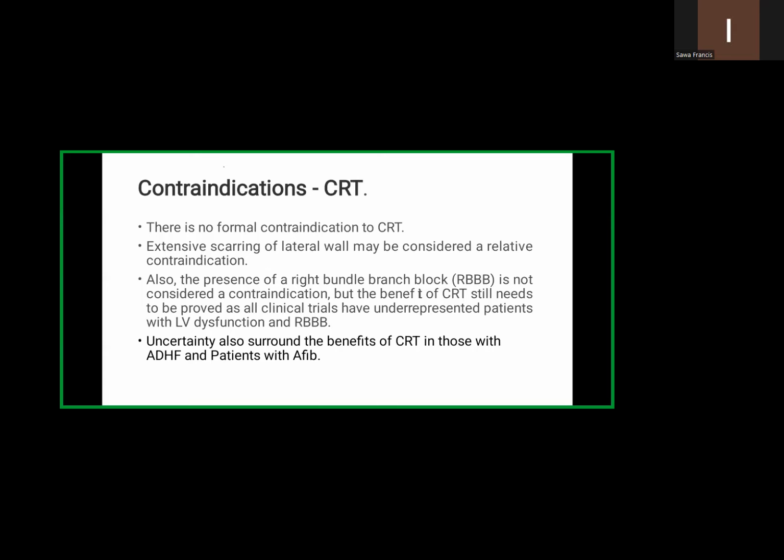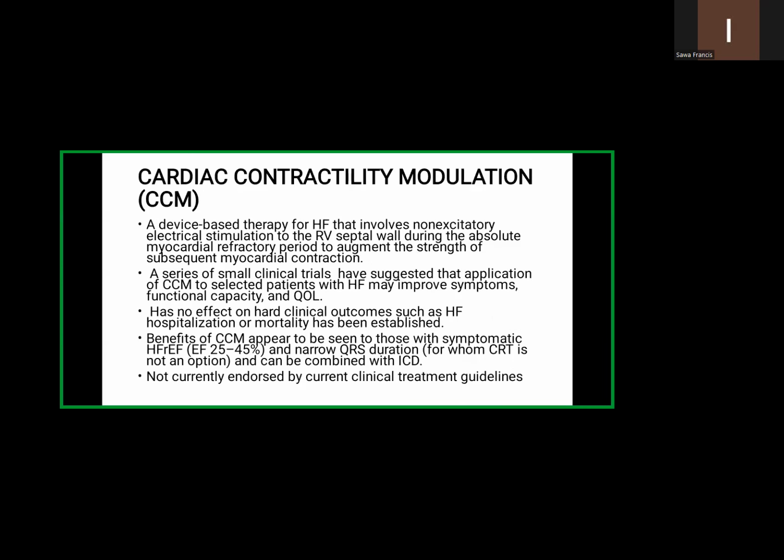Patients with AFib have not been seen to benefit from CRT. Then the final one, patients with acute decompensated heart failure. You want to, of course, bring them out from the heart failure first, because sometimes after treatment of heart failure, ejection fraction may improve. So when they come out of heart failure, if it doesn't improve, you can now consider CRT.